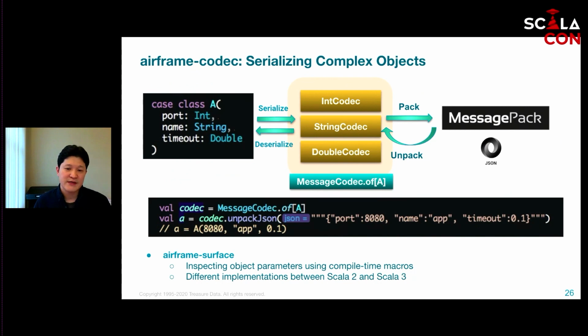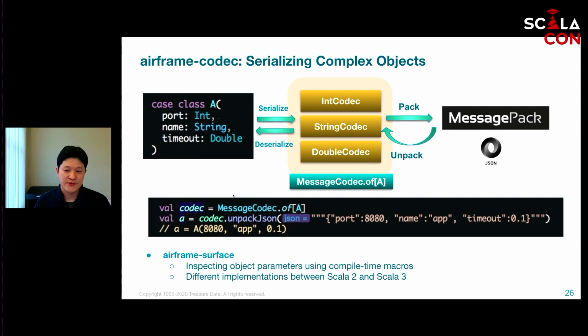Then by combining various codecs, we can also serialize more complex Scala objects. For example, this case class A has 3 parameters: port, name, and timeout. By combining codecs for individual parameter types like integer codec, string codec, and double codec, we can create a complex object serializer that converts this object data into MessagePack format and vice versa.